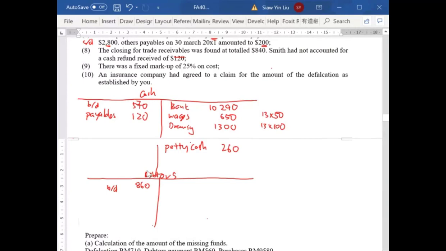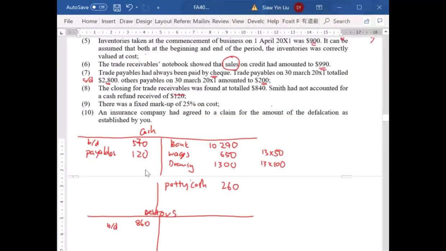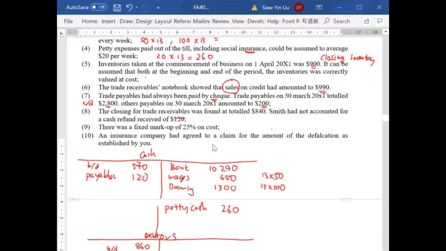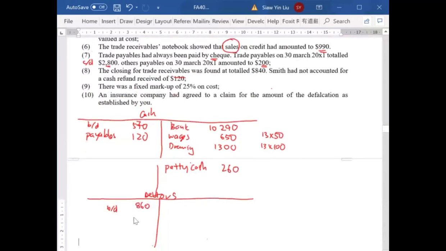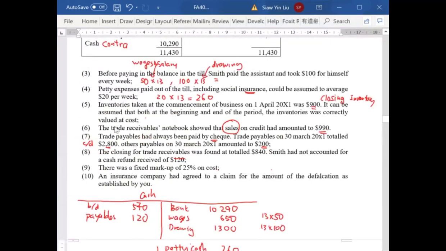And then you check debtors sales is 990. So you have your credit sales. And then debtors, so this one done. It's done. Inventory, trade payables, nothing to do. Closing balance. Okay, fixed markup.